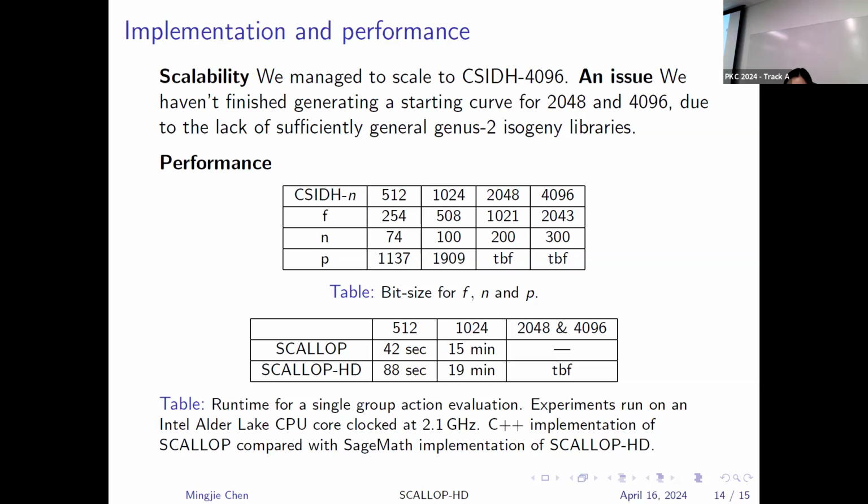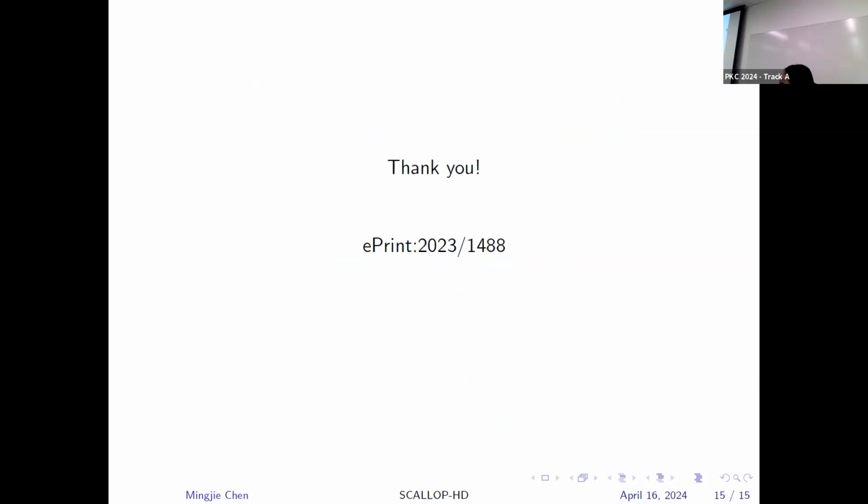As you can see from the table, SCALLOP-HD looks slower than SCALLOP. That's because we implemented this in SageMath, while SCALLOP is implemented in C++. We expect that if we also implement SCALLOP-HD in, for example, C++ or Rust, we will have comparable or even faster speed. Okay, that concludes my talk. Thank you.